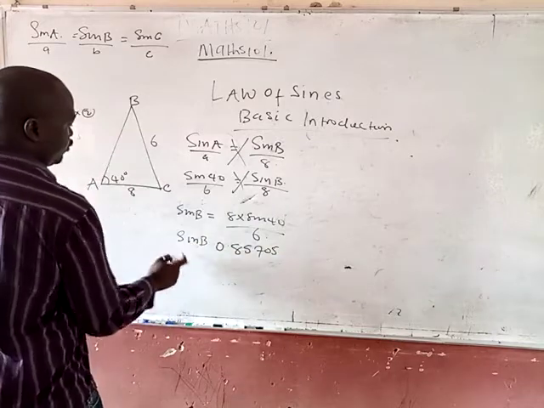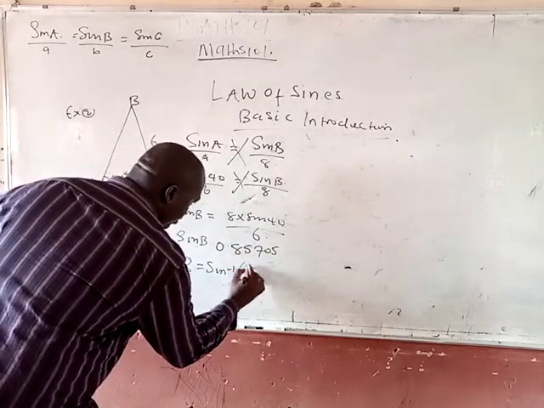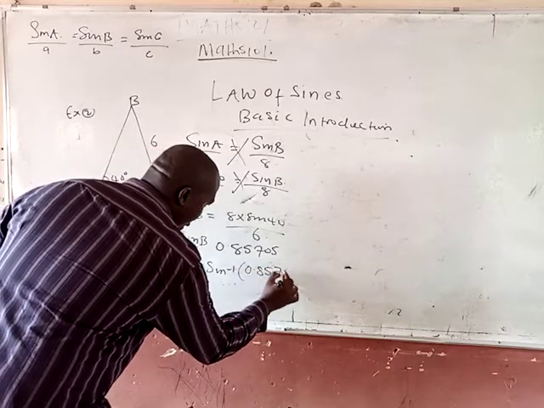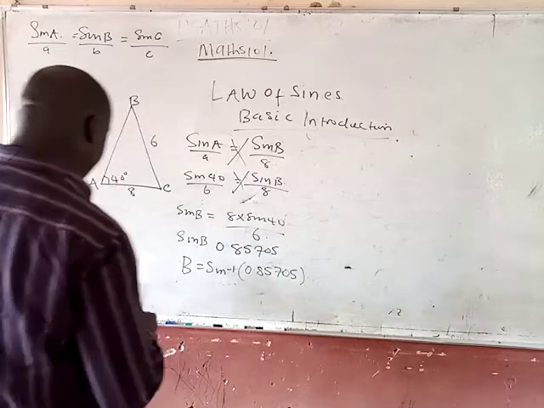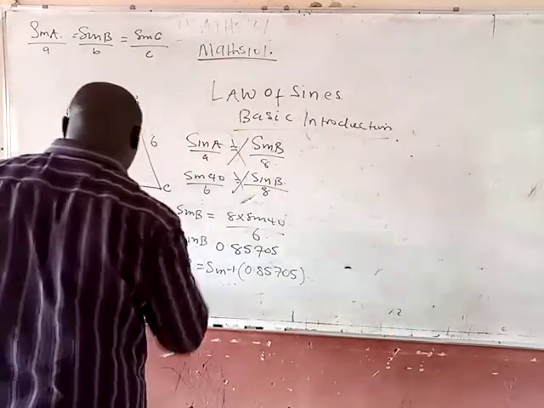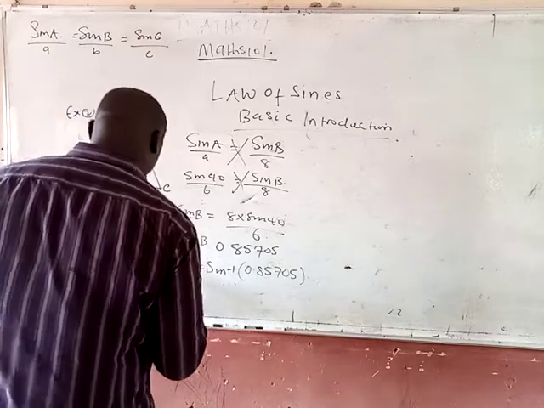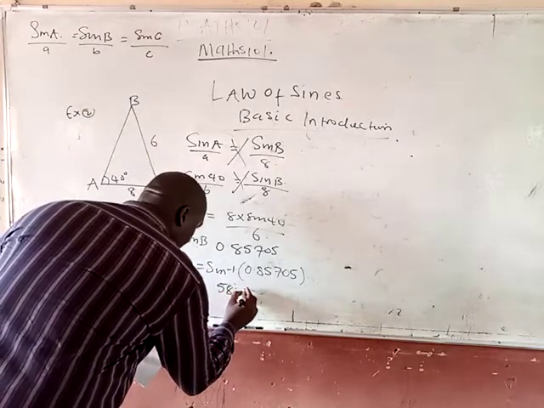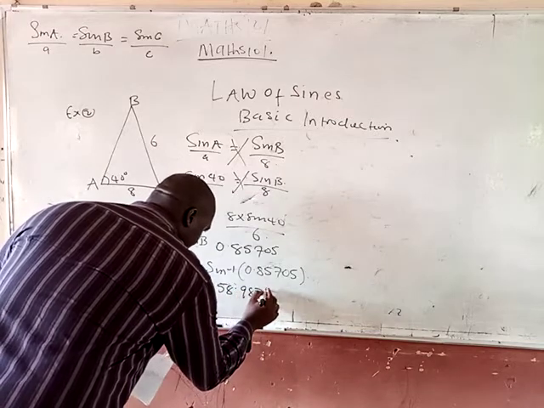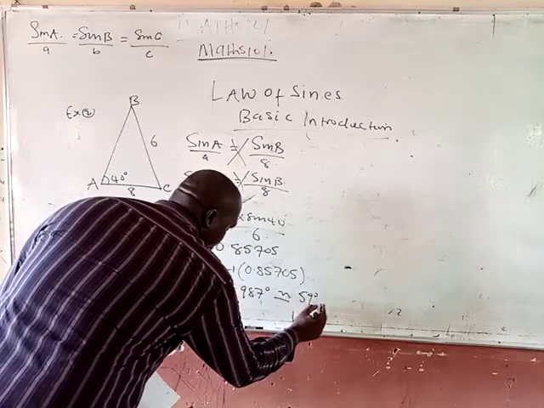But what I want to solve is B. So B is the sine inverse of 0.85705. If you do the sine inverse, you will get 58.987 degrees, which is approximately 59 degrees.